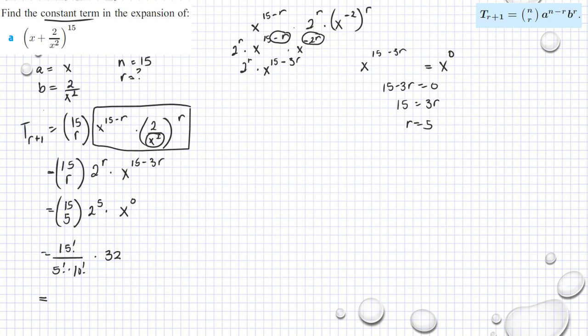And then we have 15 multiplied by 14 multiplied by 13, 12, 11, 10 factorial divided by 5 times 4 times 3 times 2 times 1 multiplied by 10 factorial. So that's 1 multiplied by 32.